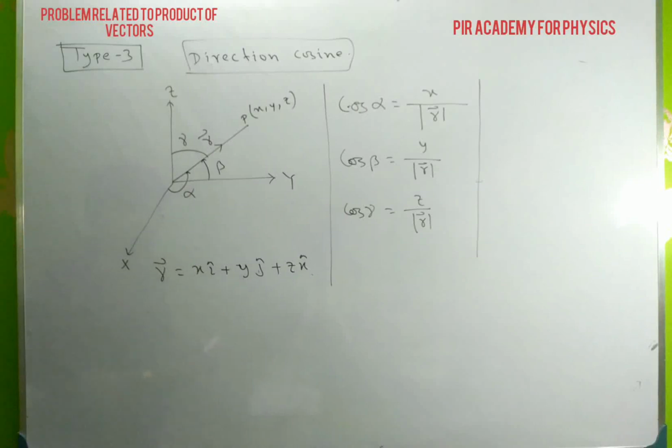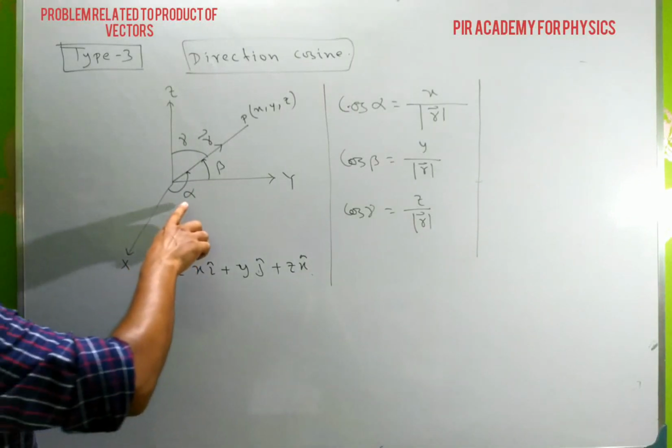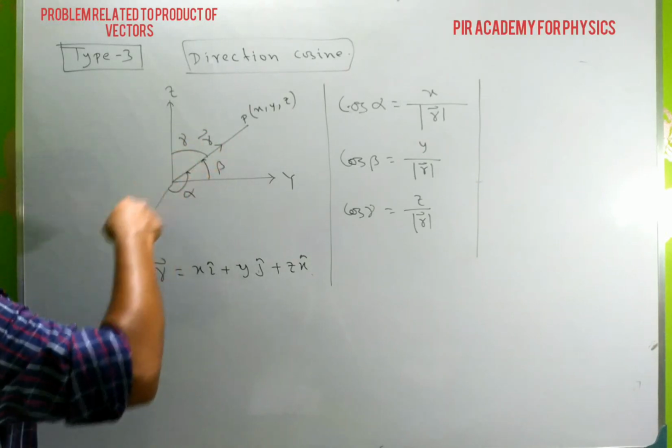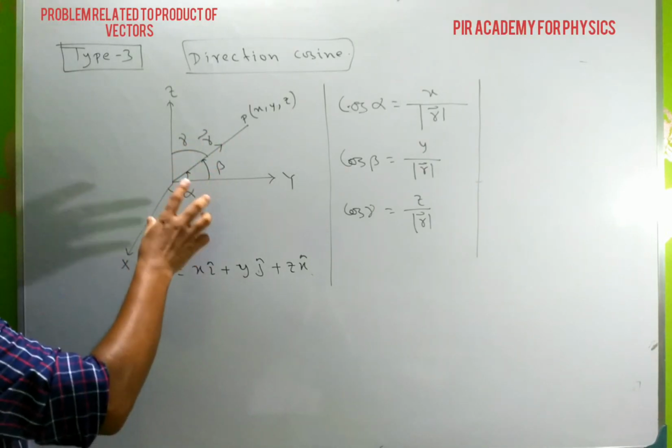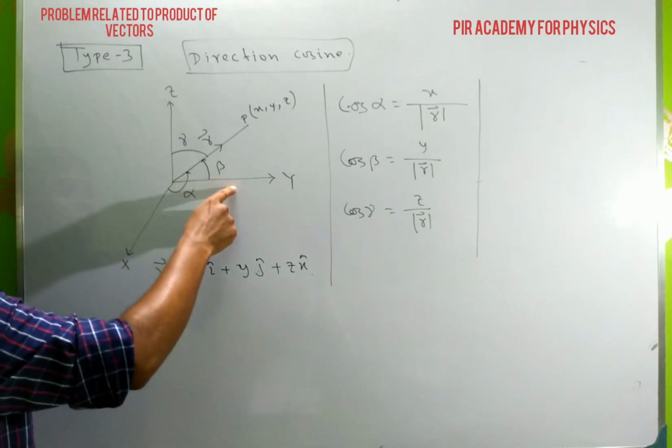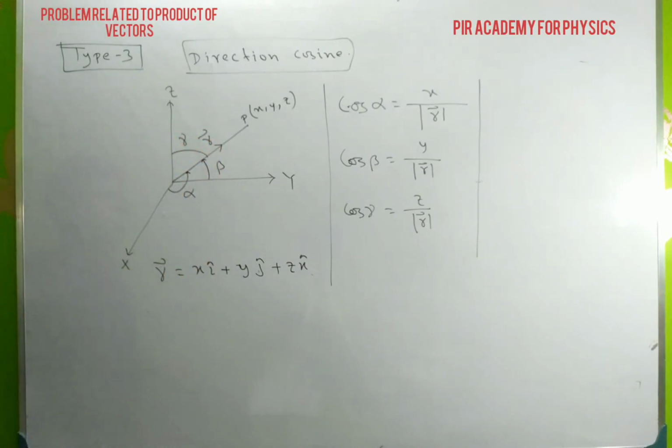If it asks for the angle between the x-axis and this position vector, what is the angle with the x-axis, with the y-axis, and with the z-axis?